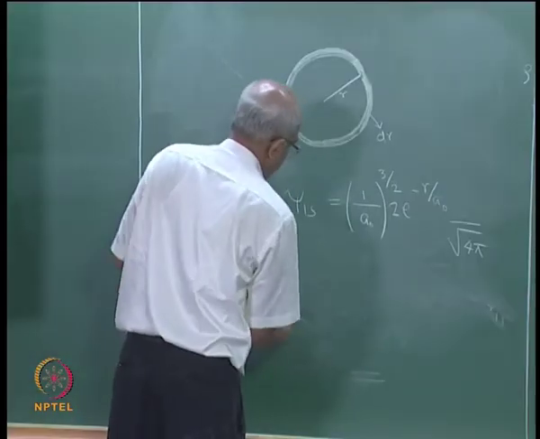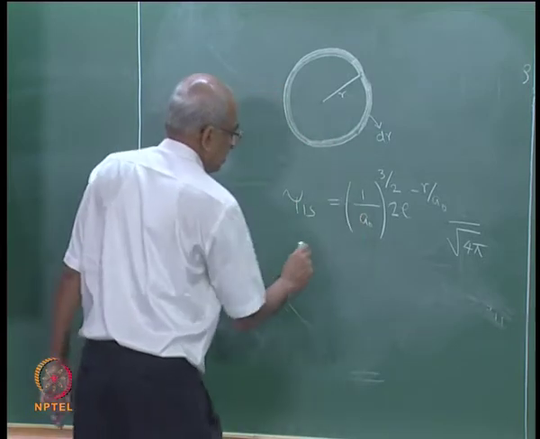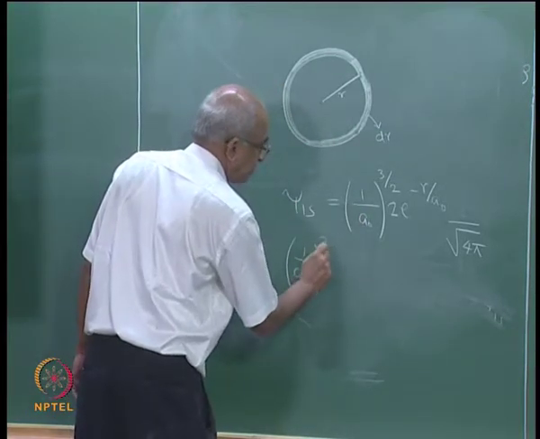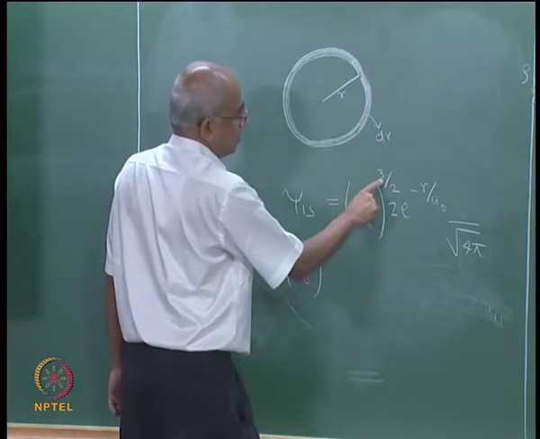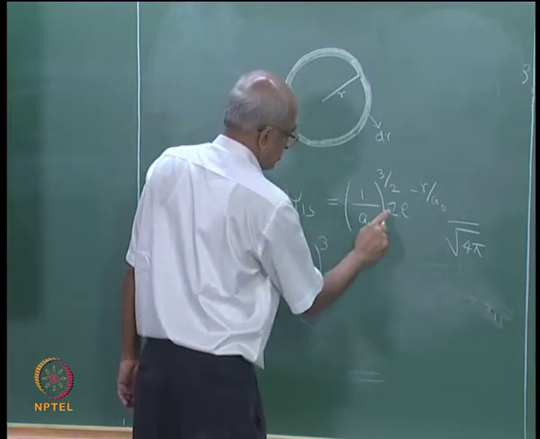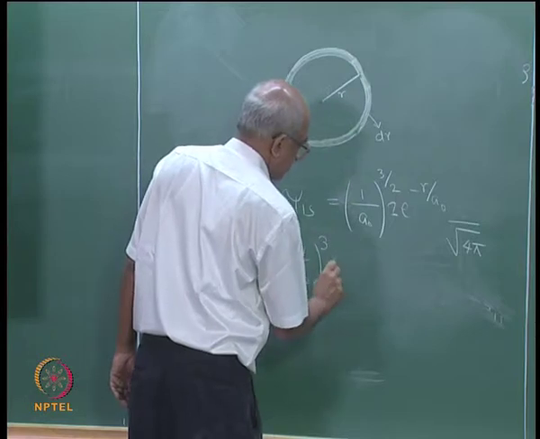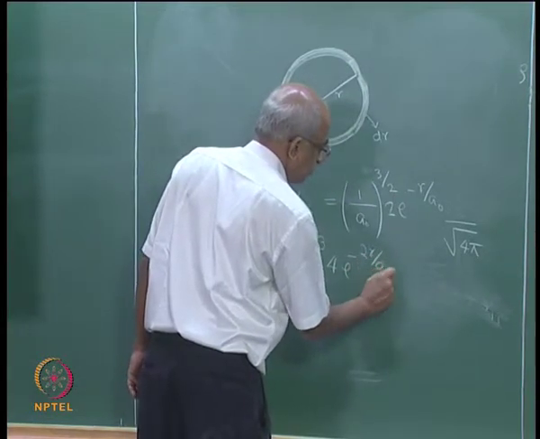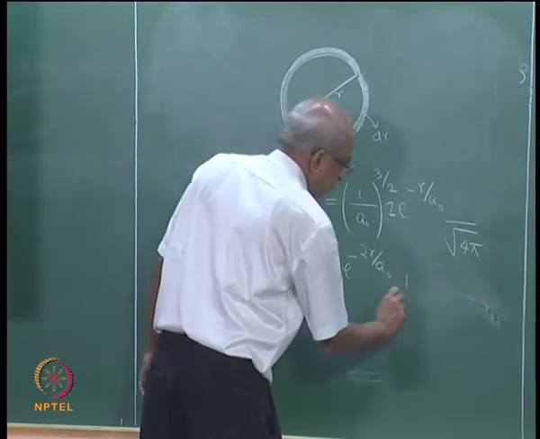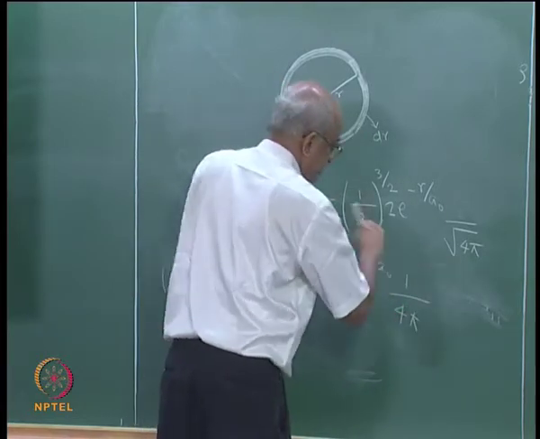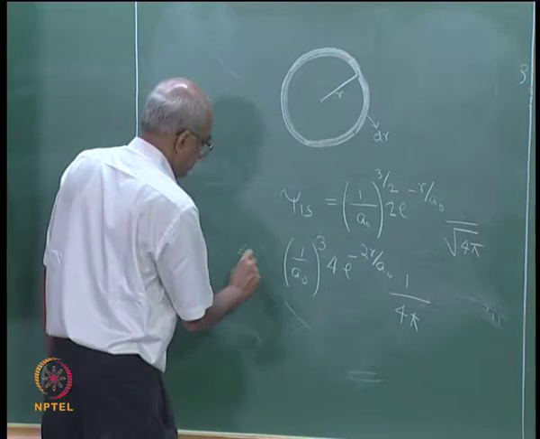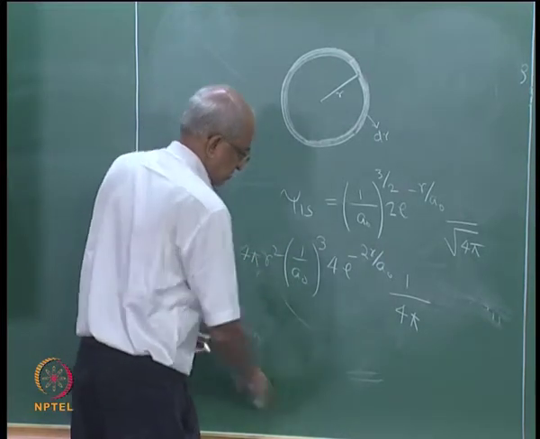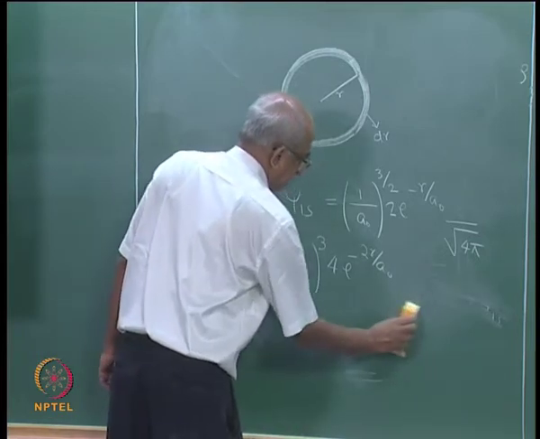What is it actually? You take this, square it. When you square it, you are going to get 1 by a0 to the power of 3. Then you will get the square of this, which is going to be 4 e to the power of minus 2r by a0, 1 by 4 pi. This is the square of the whole thing. You have to multiply this by 4 pi r square. So, naturally this 1 by 4 pi and that 4 pi will go.